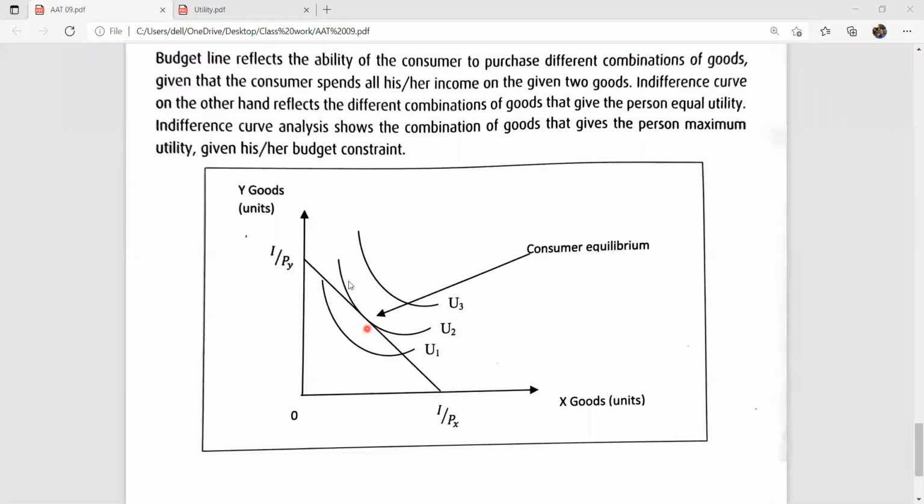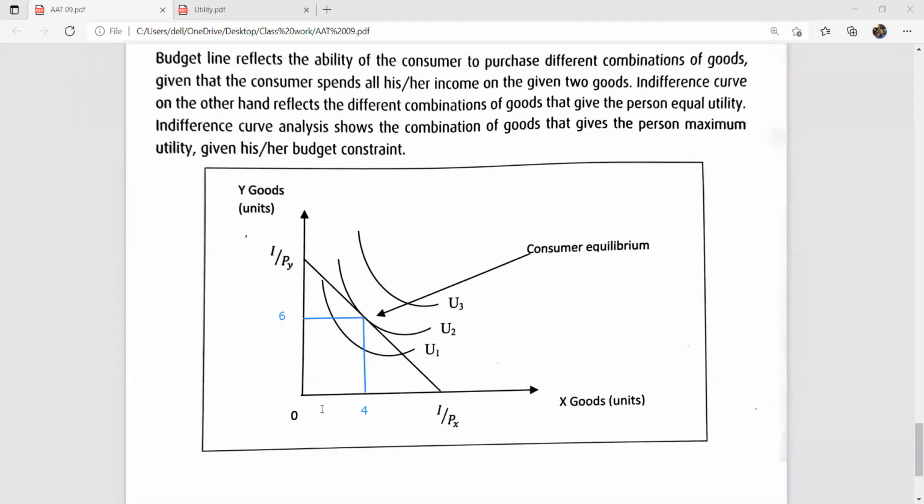You can see now such a budget line and indifference curve intersect somewhere here. So this is called consumer equilibrium. Then assume the consumer purchases 6 units of Y and 4 units of X, then the consumer is at the equilibrium.